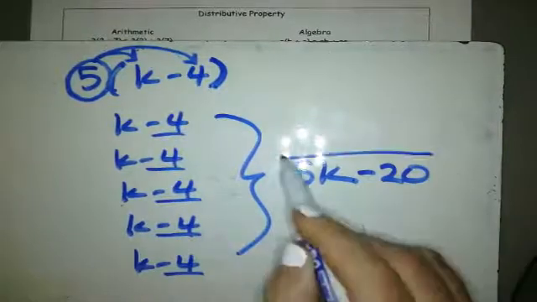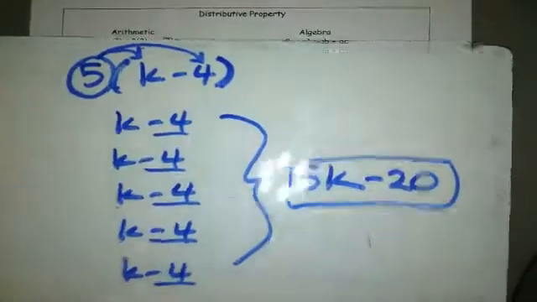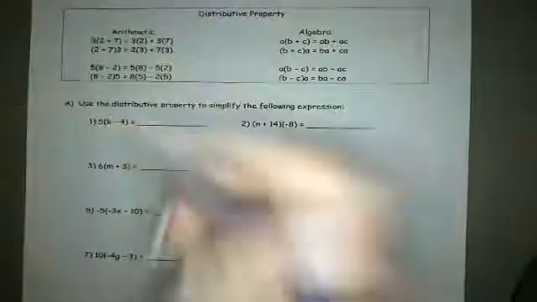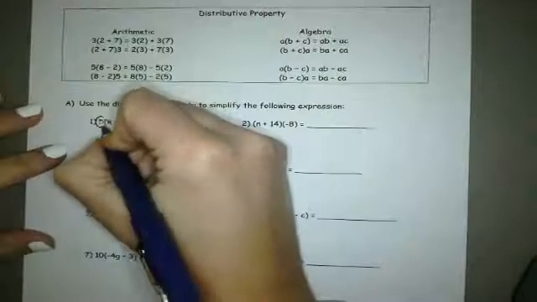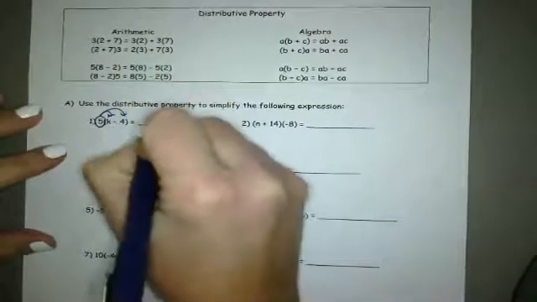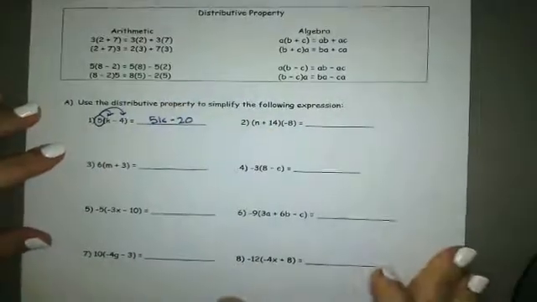So there is your simplified answer, 5k minus 20. So again, we're going to circle, we're going to draw arrows, and we get 5k minus 20.